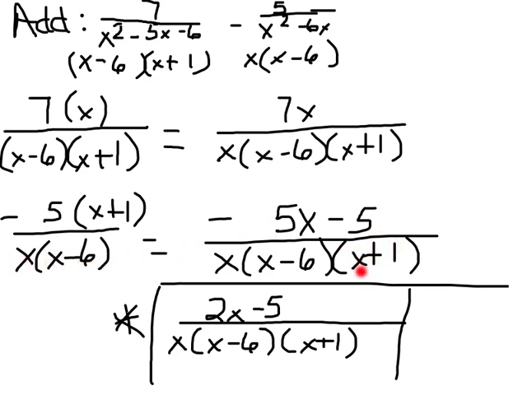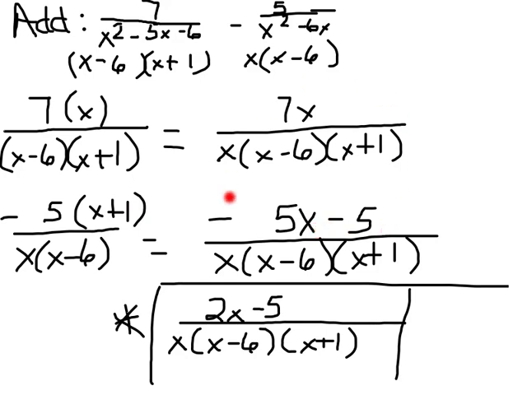This x plus 1. So I'm going to multiply this negative 5 times x plus 1. When I distribute negative, and that is a negative, it says subtract, but it's a negative. Negative 5 times x, I get negative 5x, and negative 5 times 1, I get negative 5.